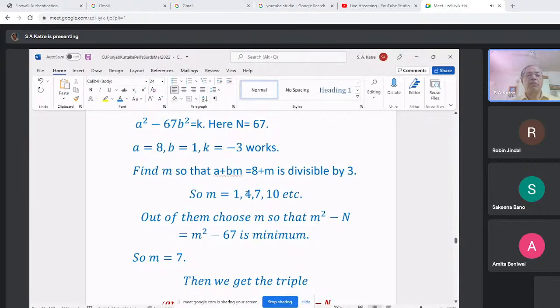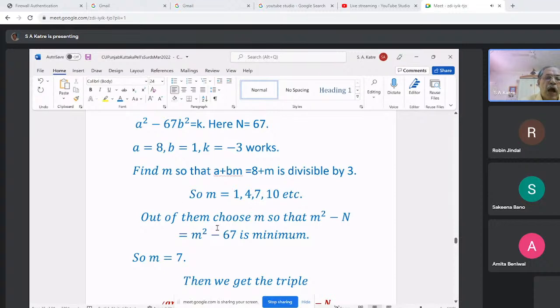I can take, of course, m equal to 1. So 9 is divisible by 3. Now, if you add 3, that's okay. 4: 8 plus 4 is 12, divisible by 3. Then add 3, because the solution is unique mod 3, as we know. So 1, 4, 7, 10, etc. are there.